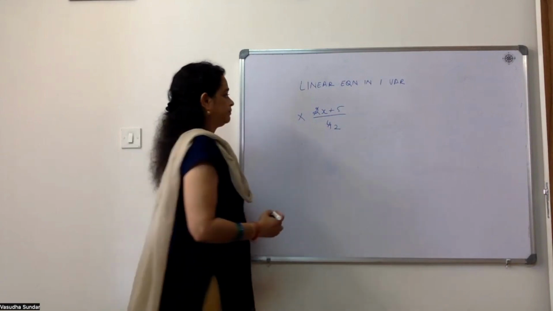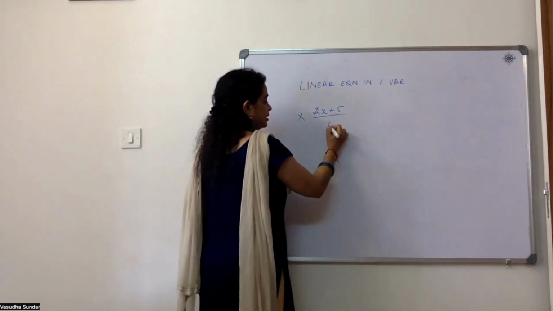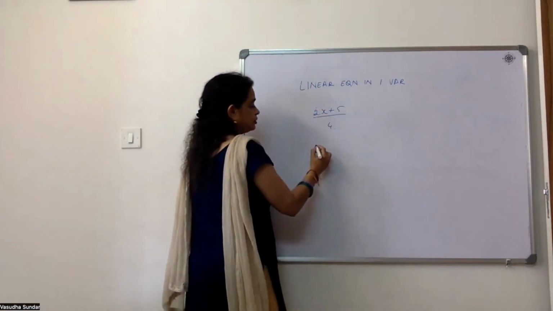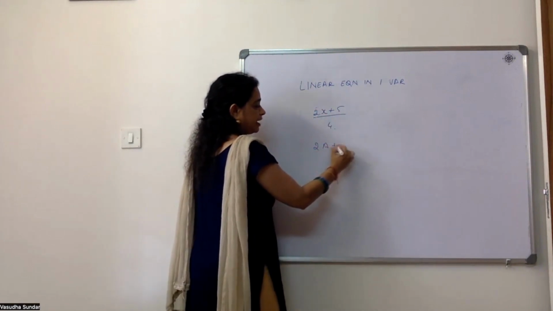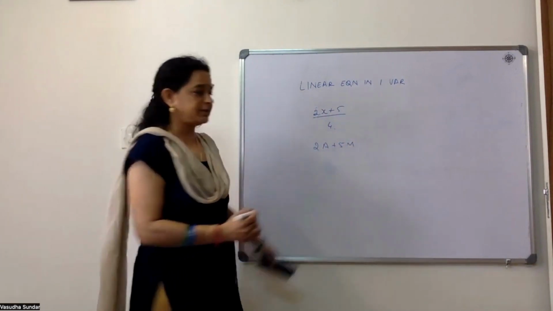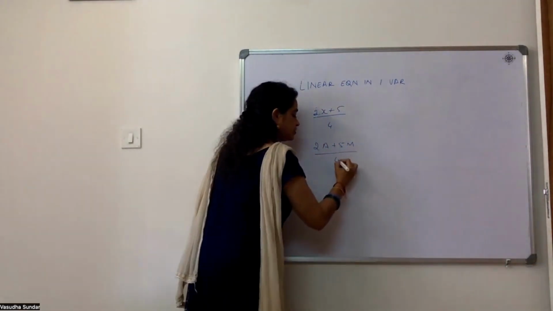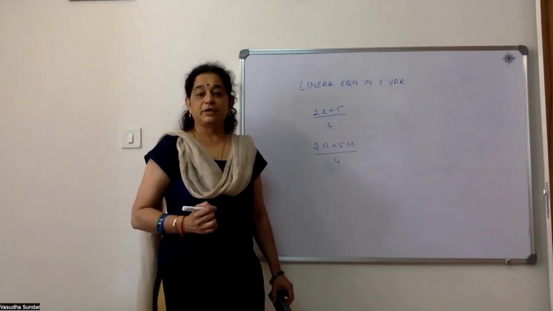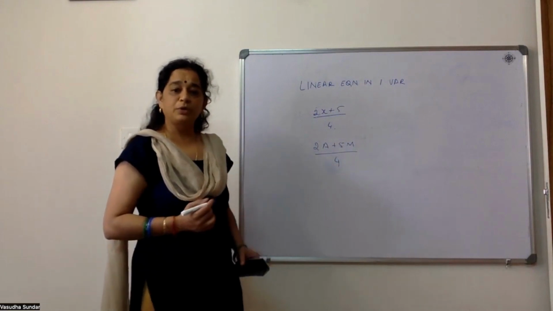I'll tell you why. Suppose your mother has given 2 apples and 5 mangoes. Okay, she has given 2 apples and 5 mangoes and asked you to distribute among 4 of your friends. So they are very close friends of you. So what will you do?